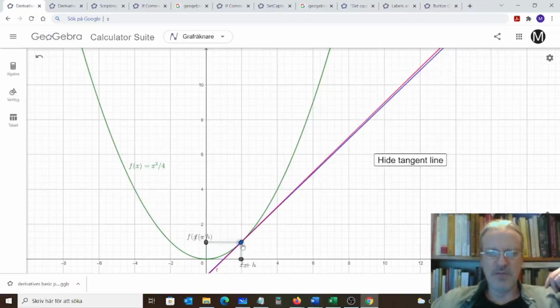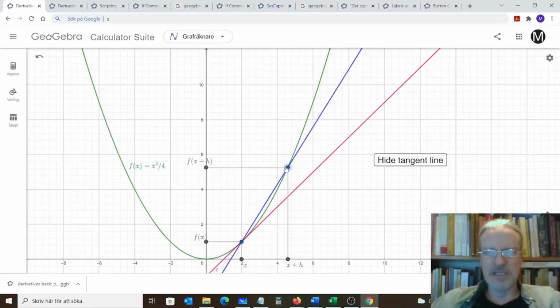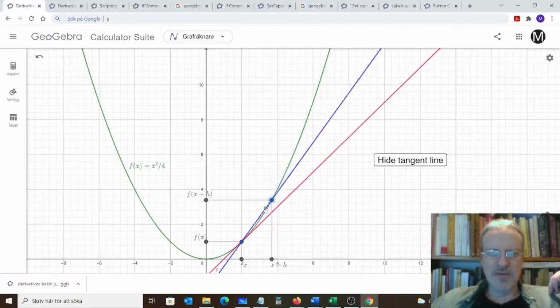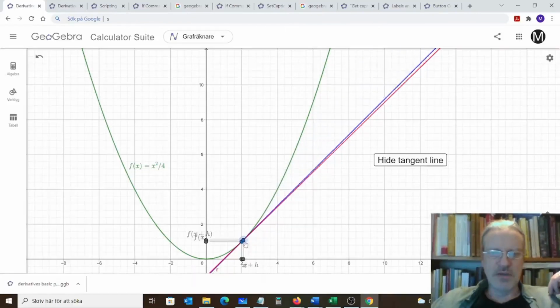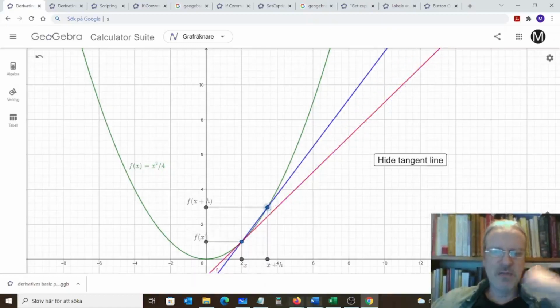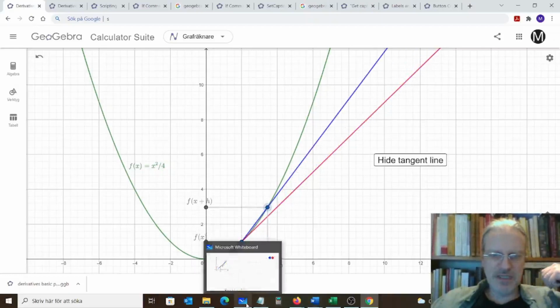So if we imagine we would be at that point, the slope of the curve would be the same as the slope of the tangent line. So the red line here we call the tangent line, and the blue line is our secant between that and that point. And as we move this closer and closer, we should get a better value for the slope. And that we will use in our definition.